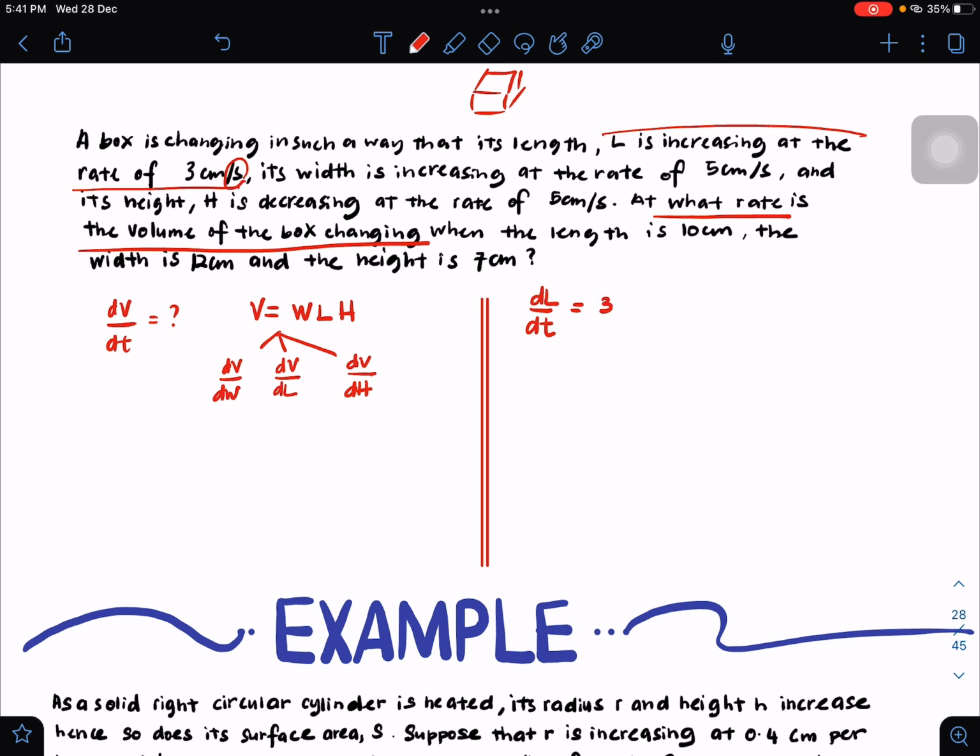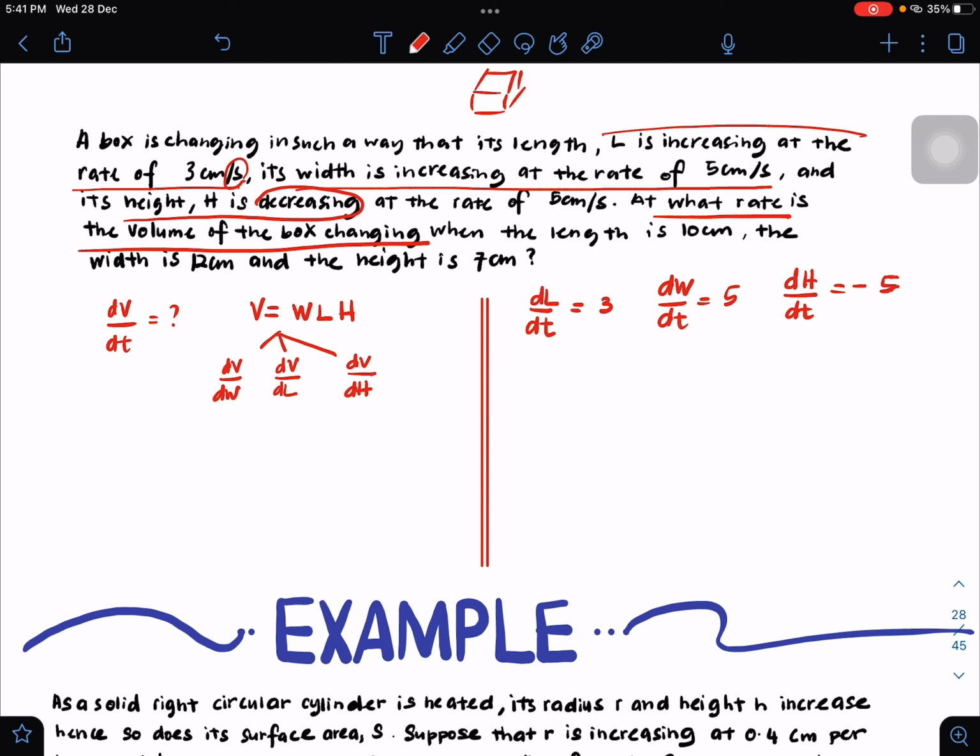And then dia kata width pula increasing at the rate of 5 cm. Width pula perubahan dia pada masa adalah 5 cm. And height is decreasing. Ketinggian pula, height pada masa dia decrease, negative at the rate of 5 cm.